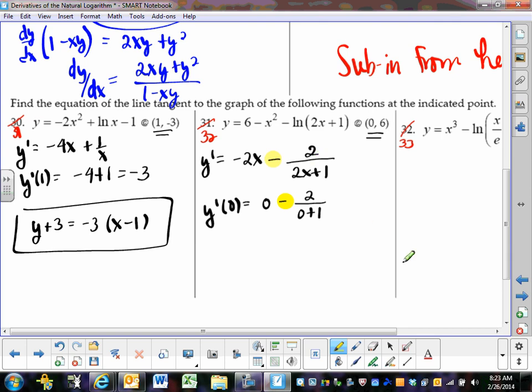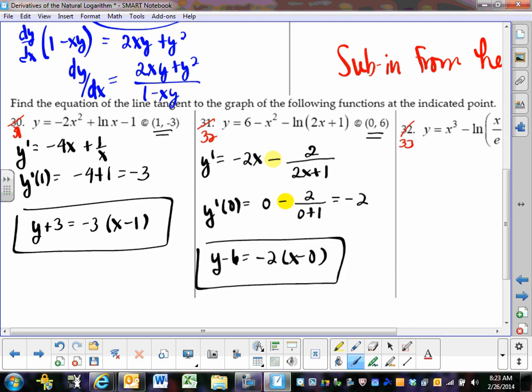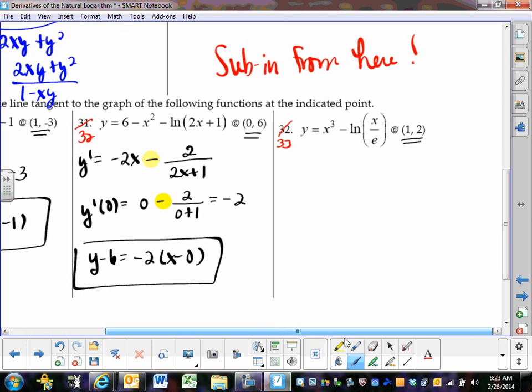Every time you do the product rule times something, it has to have parentheses. So 1 times y plus x times dy. Now we are not going to simplify because you wouldn't be expected to simplify something that's complicated. Usually you just sub in from here.